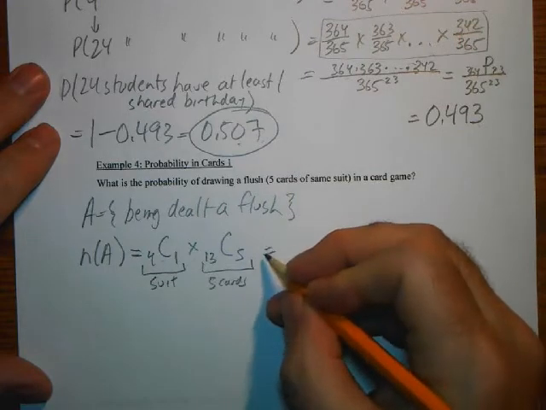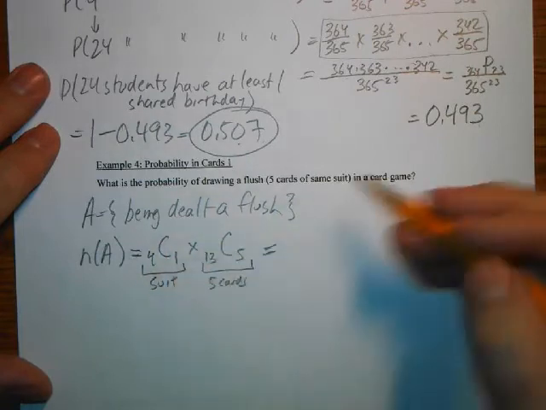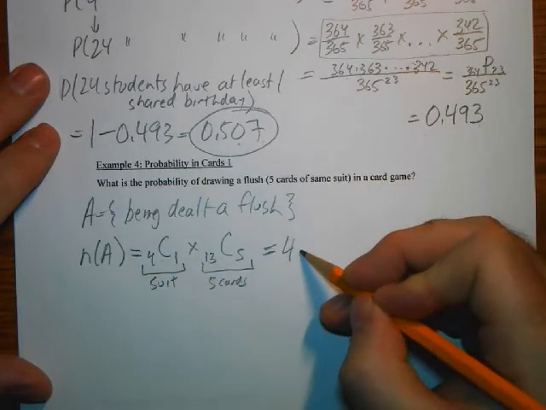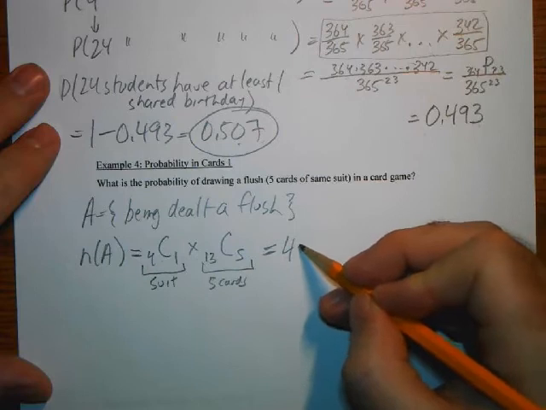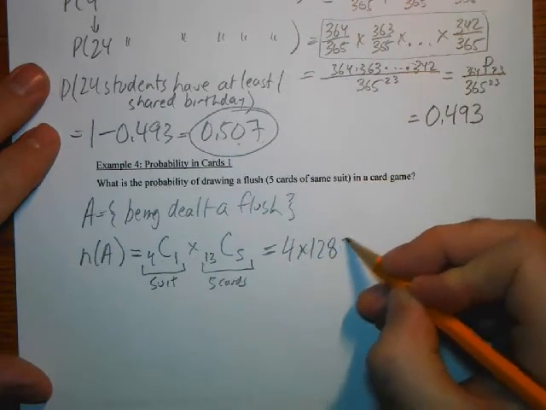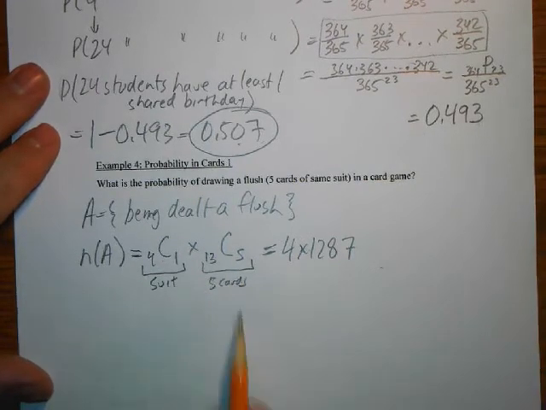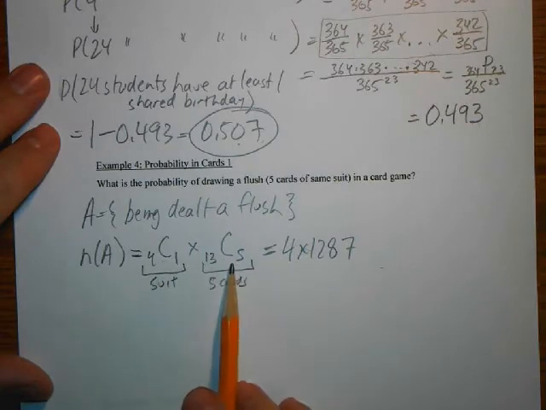So when I do this, I get 4 for the, and that makes sense. There's 4 different suits I can choose, and there are 1287 ways of picking 5 cards from 13. And you notice, I'm using combinations because it doesn't matter.